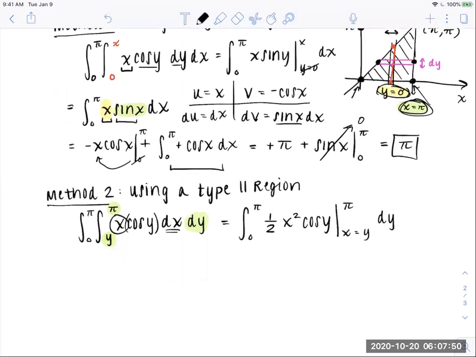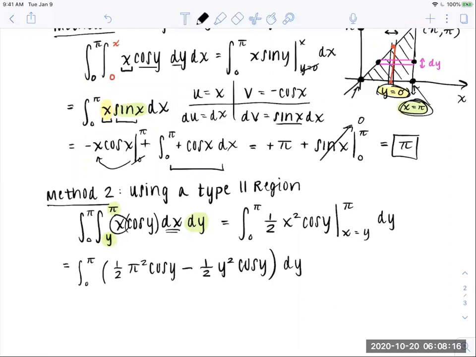All right, and so let's go ahead and evaluate our limits of integration. So plugging in pi first gives me 1/2 pi squared cosine of y. And then evaluating at y next, I have 1/2 y squared cosine of y.